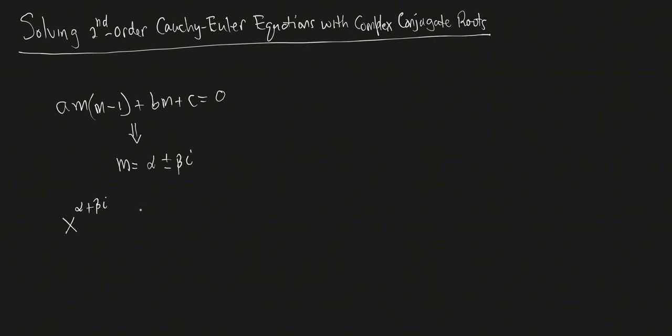If you remember, we handled the complex case by using a really cool result, which in its own right, even outside of the context of differential equations, is super important, right? So this e to the ix is equal to cosine x plus i sine of x.